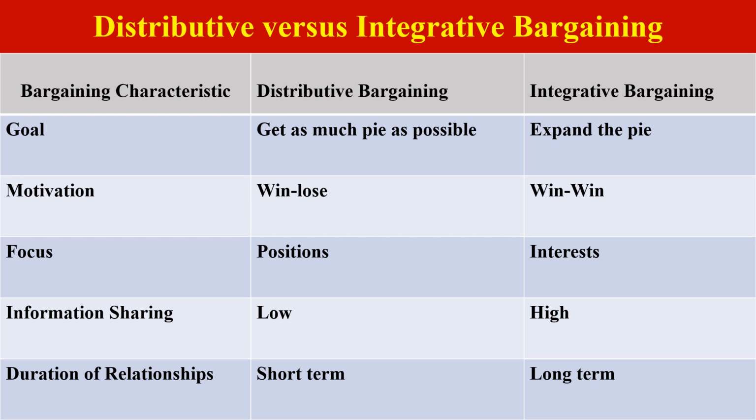Distributive bargaining results in low information sharing, whereas in integrative bargaining, the information sharing is high. Duration of relationships in distributive bargaining is short term. In integrative bargaining, it is long term. You can decide yourself which is more profitable or more advantageous.